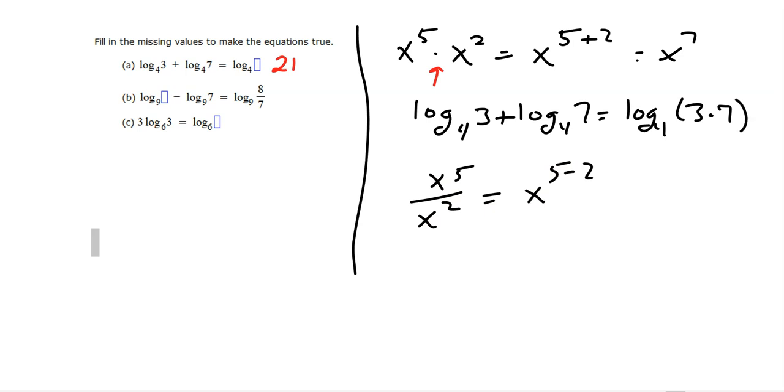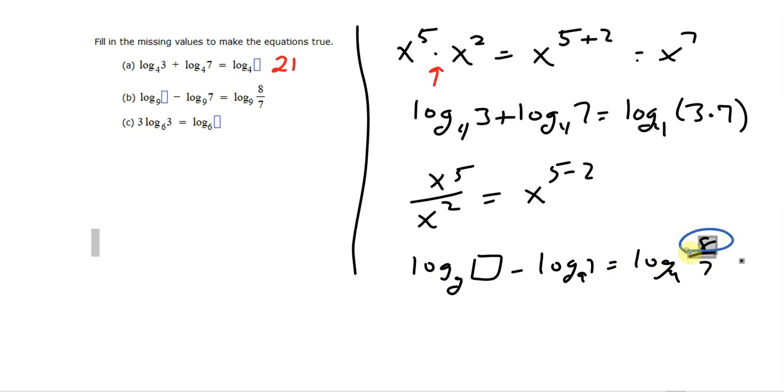So by the same token, if we have log base 9 of something minus log base 9 of 7, and that equals log base 9 of 8/7, the question is, what are we dividing here? It's 8 divided by 7, so that would be an 8 in this little block.